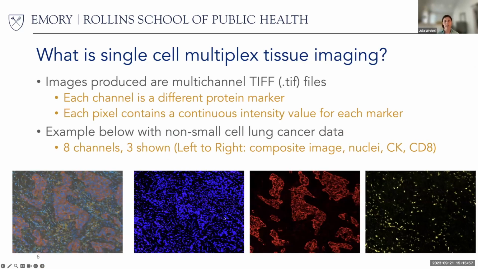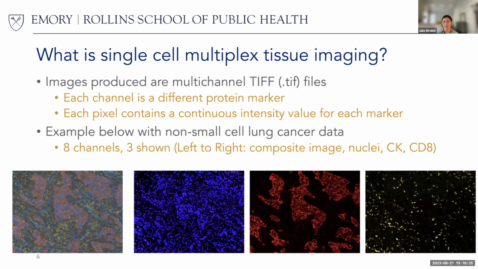So putting this all together, you get these images, which are produced as multi-channel TIFF files, where each channel is a different protein marker. If any of you have ever worked with RGB images, red, green, blue, those are TIFF files. It's very much the same thing, but an RGB image is a 3-channel TIFF file. With this type of imaging, you get an M-channel TIFF file, where M is the number of protein markers.